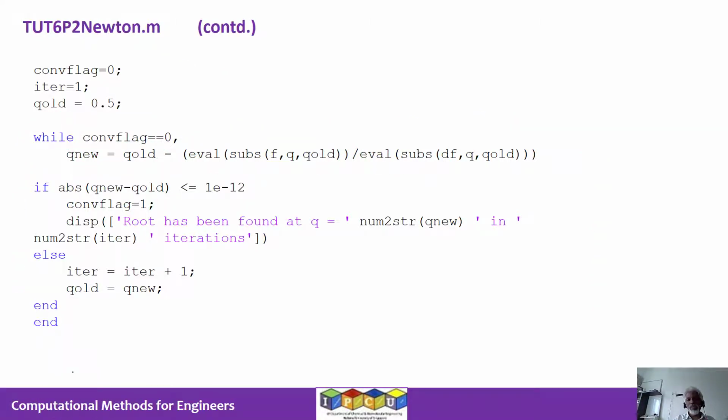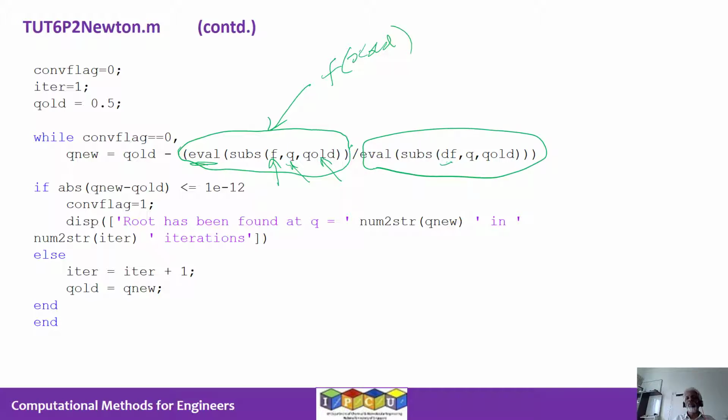What you're doing here is, in the expression for f, for the symbol q, substitute the current value of q. And then you evaluate it in order to convert it into a number. You don't want things to remain as symbols. You want numerical values. Therefore, you use this eval. So this part computes f of x old, the function value at x old. In this part you do the same thing, but now in the expression for df, wherever you see the symbol q, substitute the numerical value q old.